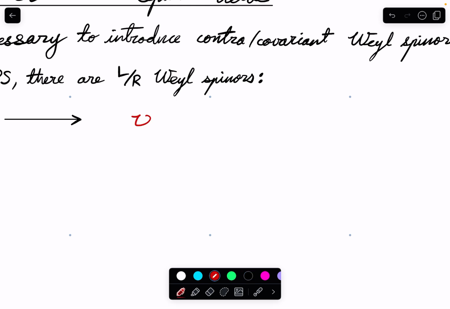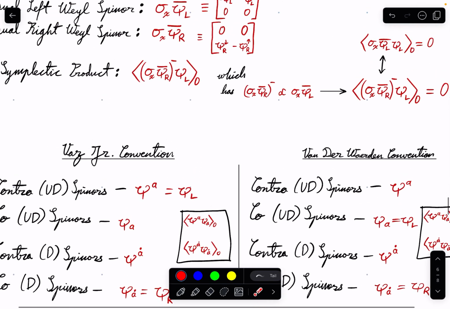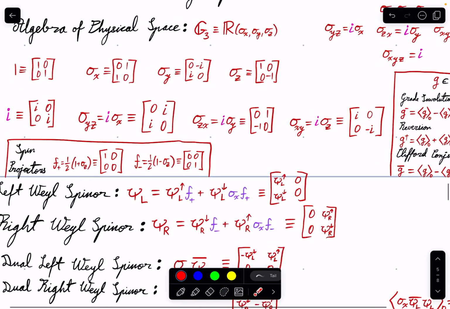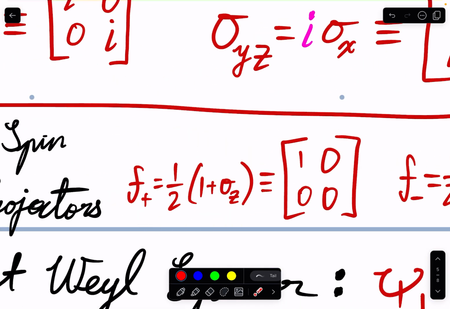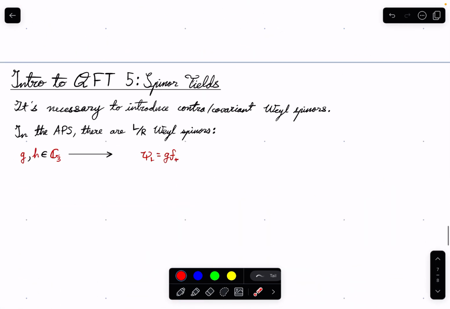you can construct a left spinor. Here is G times F plus, which is a projector given by this right here. And then we'll also have F minus, which will have a minus sign right there.